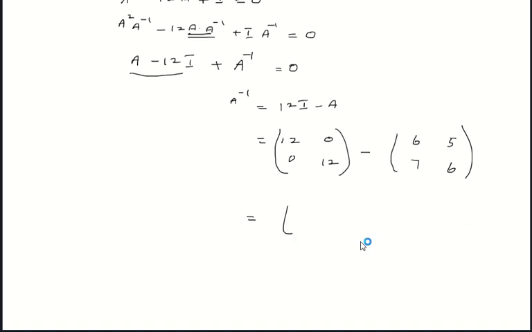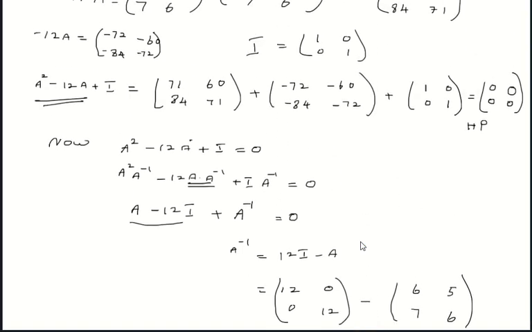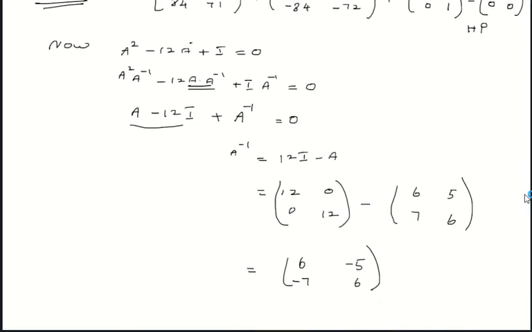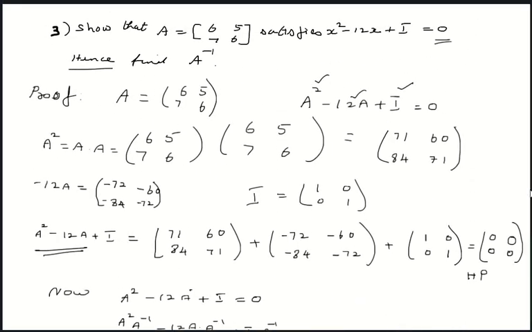So it is 12 minus 6 is 6, 0 minus 5 is minus 5, 0 minus 7 is negative 7, 12 minus 6 is 6. Okay, this is how you should proceed with hence find. Again, you should not compute A inverse using the formula. You should compute using this equation he has given. That is the meaning of hence find.